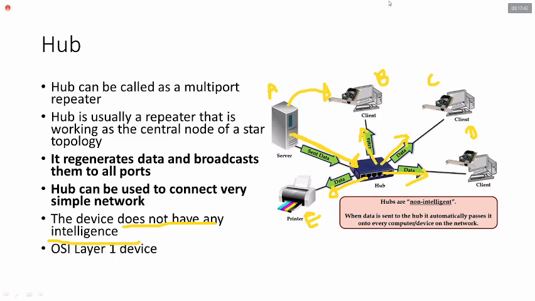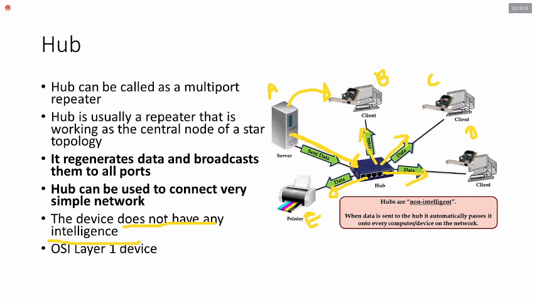When the server sends the message to the hub, the message is sent to everybody, right? Why does the hub send it to everybody? Now there is an address, no? Because it cannot identify where the message should go. Right, very good. So that is why we say it doesn't have any intelligence.